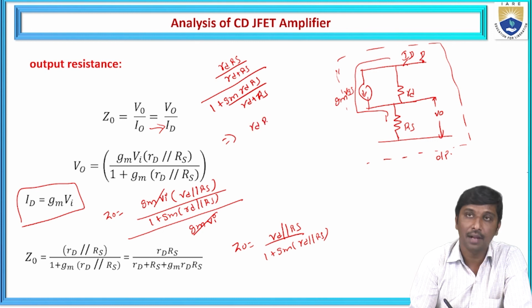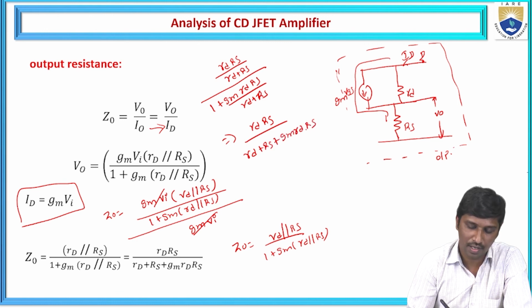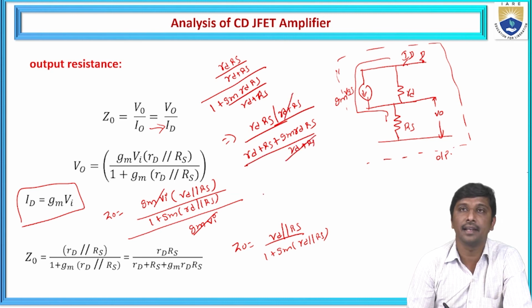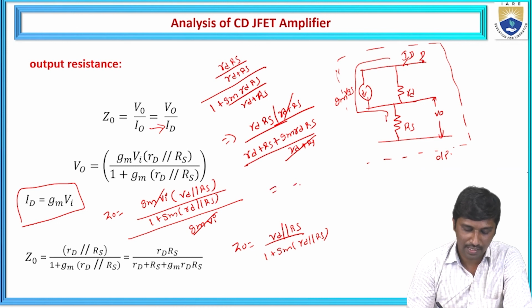This is RD into RS by, just take the LCM, this is RD plus RS plus gm into RD into RS by RD plus RS. So this RD plus RS gets cancelled.